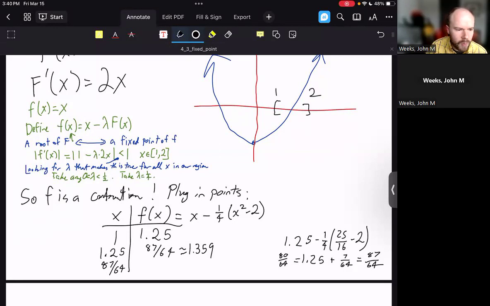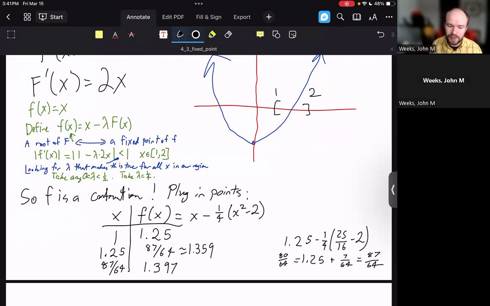So I'm going to take 1.359 minus 0.25 times, in parentheses, 1.359 squared minus 2. And what that's going to give me is, oops, I plugged in the wrong number. So that should give me something like 1.397.